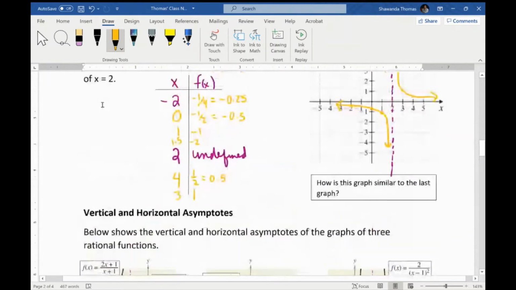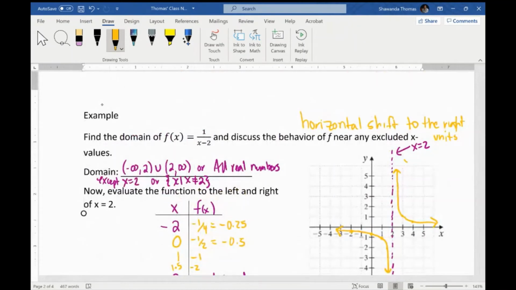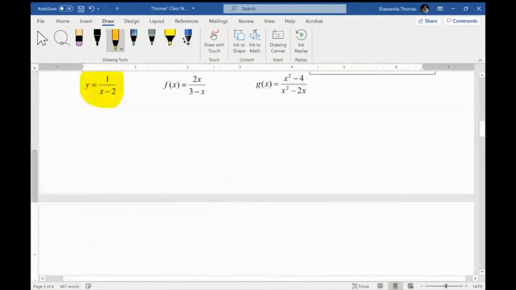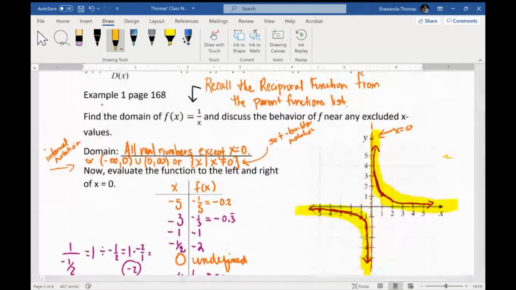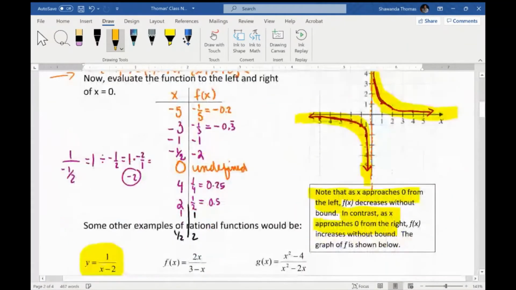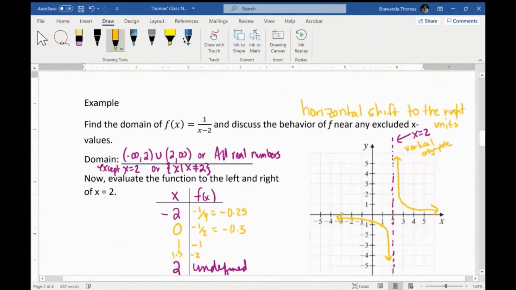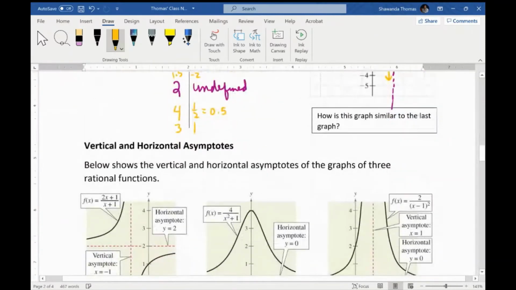These are examples of vertical asymptotes that we just did. x equals 2 was a vertical asymptote, and I'm going to show you how to get it. And then x equals 0 was a vertical asymptote. So a vertical asymptote is basically a vertical line, all right.